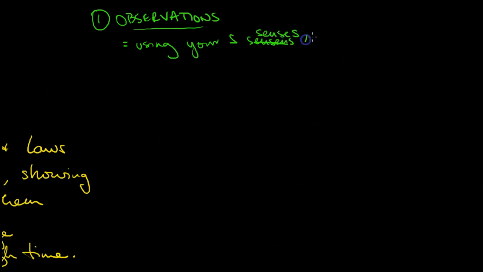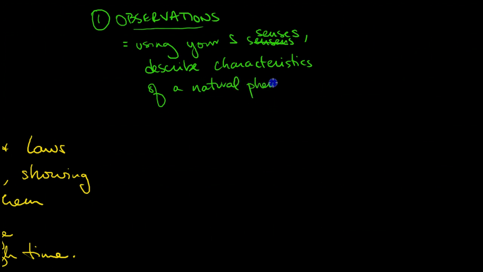Using your 5 senses, you describe characteristics of a natural phenomenon. It doesn't have to be something specifically science to make observations, but that's essentially what the scientific process is.